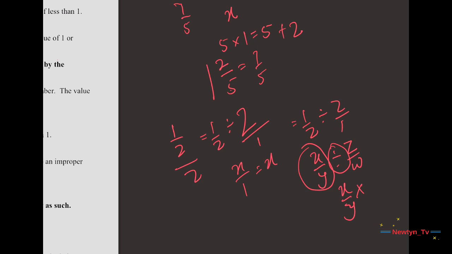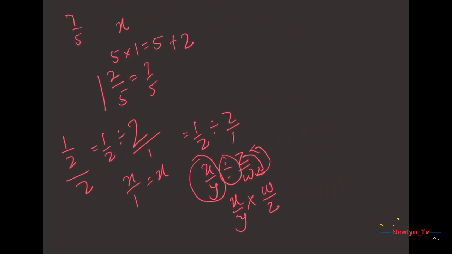Then we swap the w and the z: here w is the denominator and z is the numerator, so we bring the z to be the denominator and the w to be the numerator. So we will have w on z. Then we can multiply and get a single fraction.